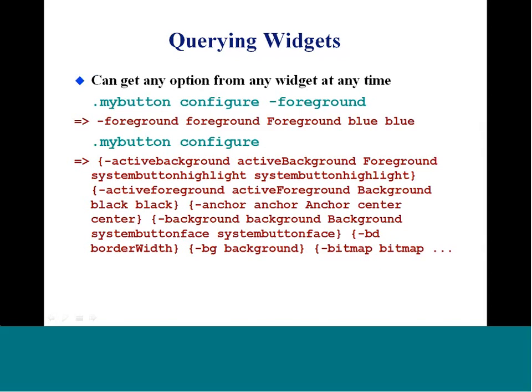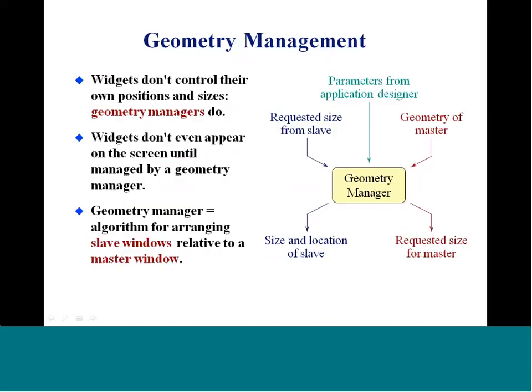And if you give just myButton configure, then it gives you all the items in that widget: what is active background, active foreground, the anchor, the background, the border width, the whole thing basically.